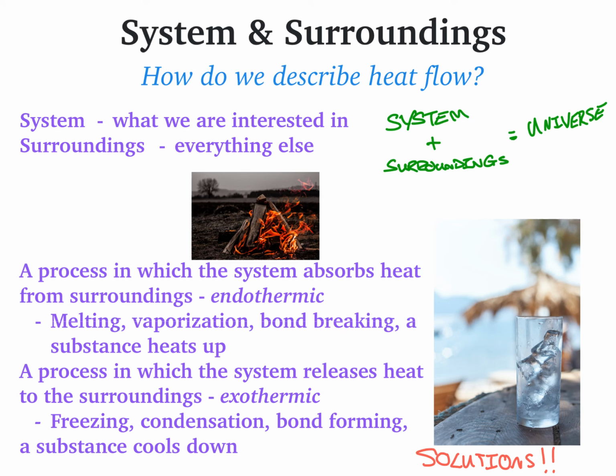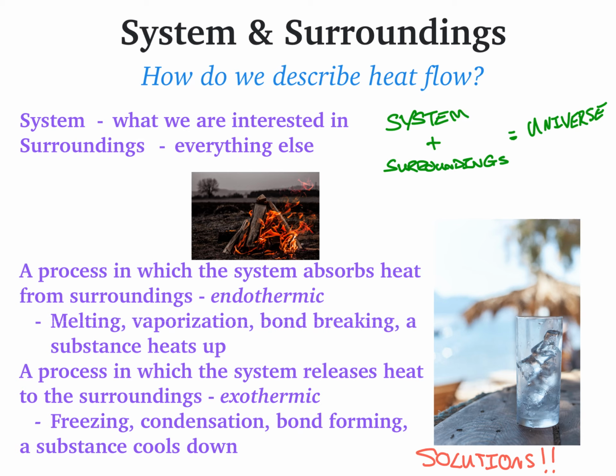And so this interchange of heat between systems and surroundings is what we want to be able to describe when we describe heat transfer. So if we have something we're interested in, like an ice cube, okay, that's our system. And that process is one in which it absorbs heat from the surroundings. The system is absorbing the heat. That's an endothermic process.